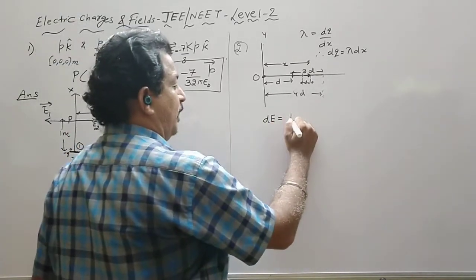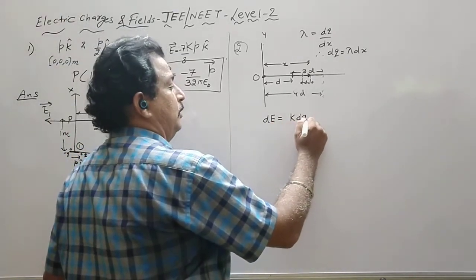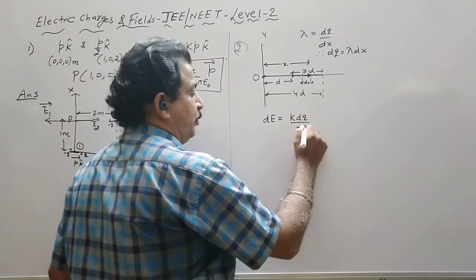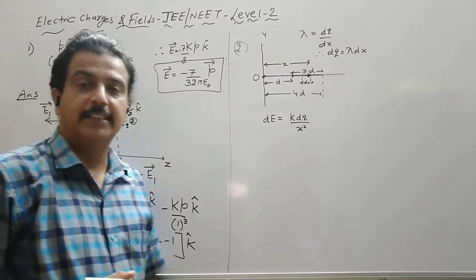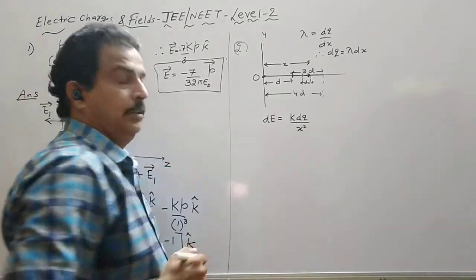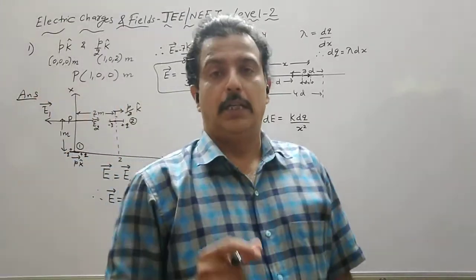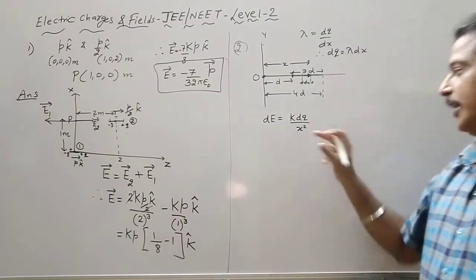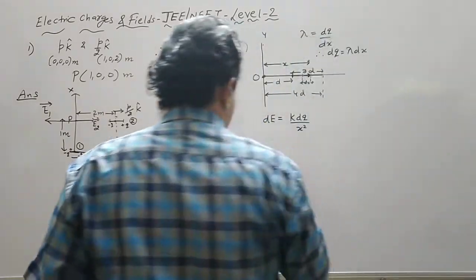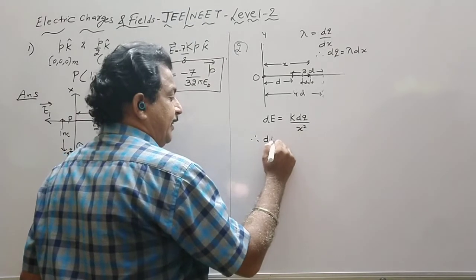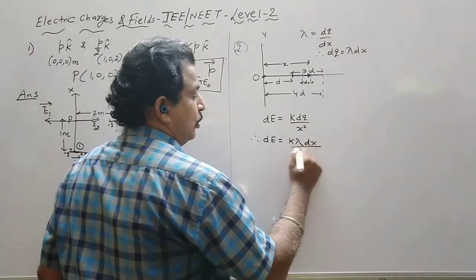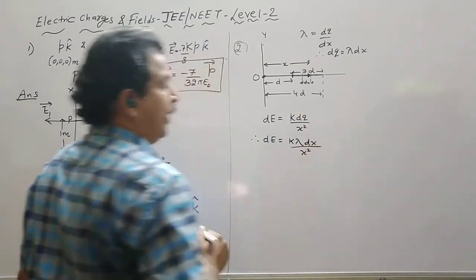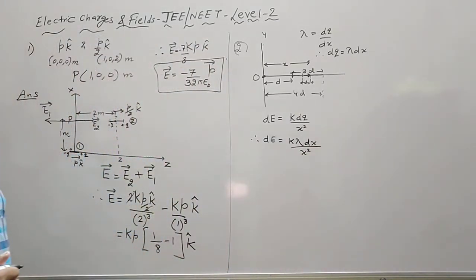We know the formula: K times source charge upon the distance between test and source squared, that is x squared. So K dq upon x squared. Therefore dE is equal to K lambda dx upon x squared. This is the electric field intensity due to the small element.